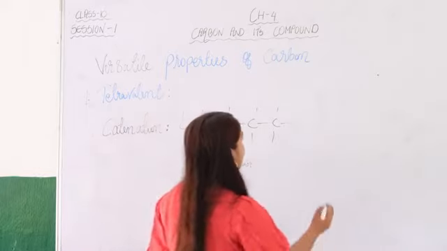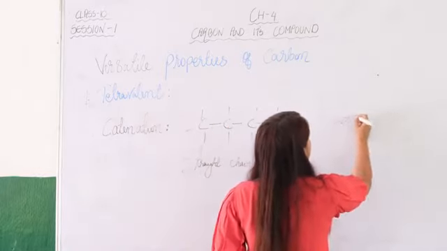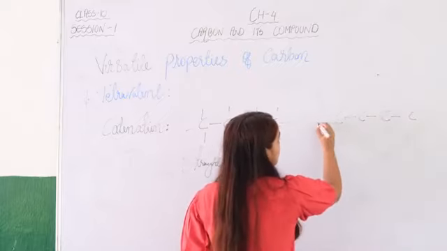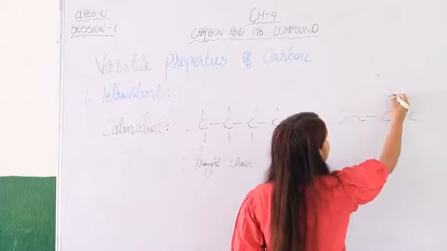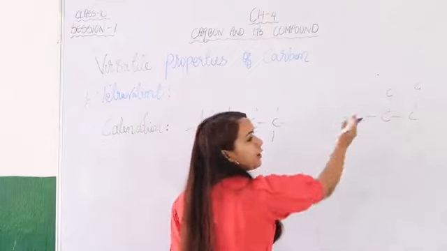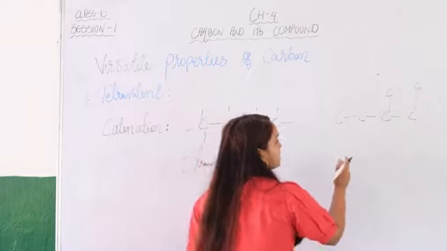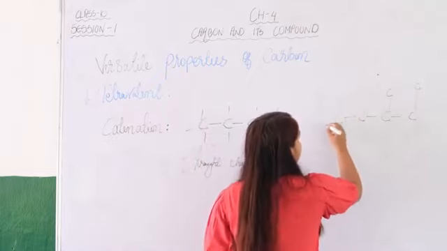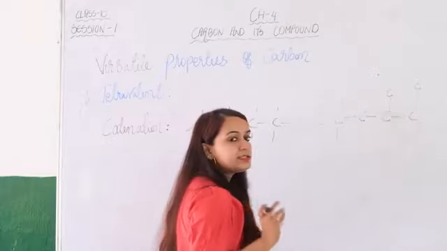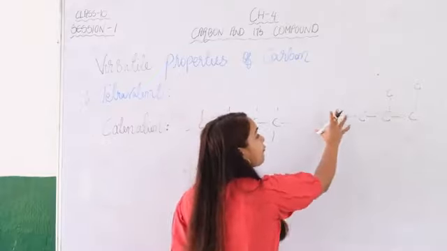Now let us see a branched chain. Now also we will take up only 4 carbons. Branched means carbon will be placed upside down or anywhere so that a branch is formed. So here, carbon. Now see, this carbon needs to maintain its tetravalency. That means it needs to have 4 bonds.